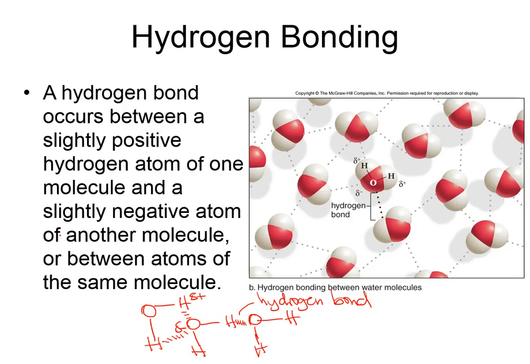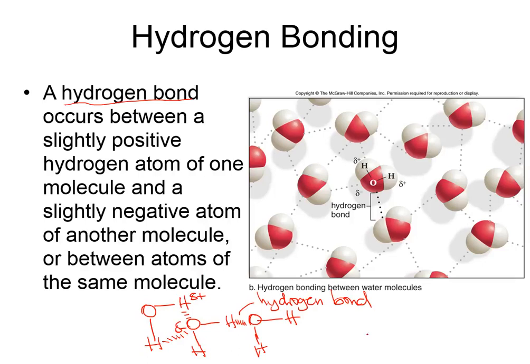A hydrogen bond occurs between a slightly positive hydrogen atom of one molecule, which is this one, and a slightly negative atom of another molecule, or between atoms of the same molecule. So you can see this is slightly negative, this is slightly positive.